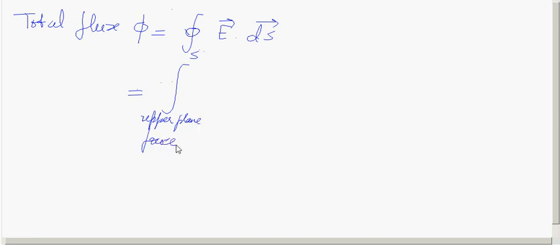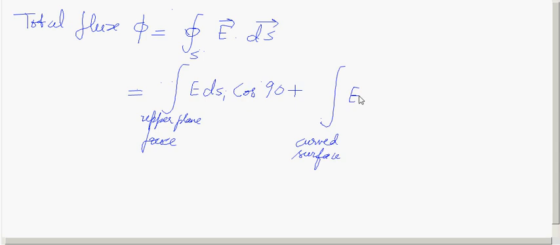If you consider the upper plane face, it is E into ds1 and the angle is cos 90, plus the curved surface, E into ds2 into cos 0, plus the lower plane surface.